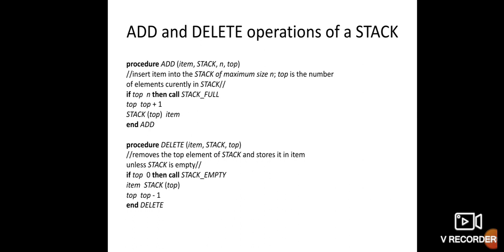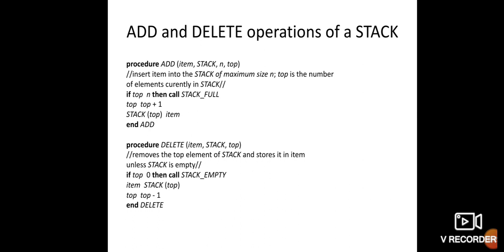And then for display, the topmost element of the stack is displayed. This is adding: each and every time it will check whether the maximum limit of the stack has been reached or not.